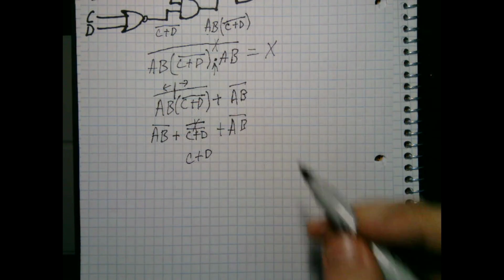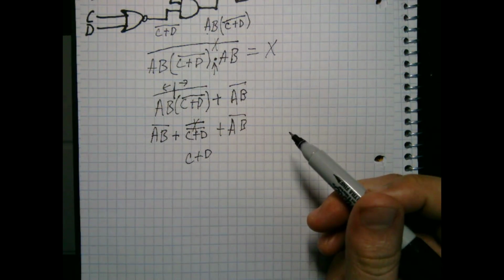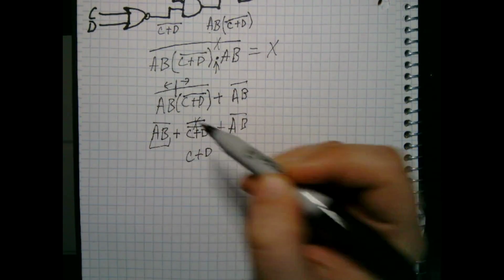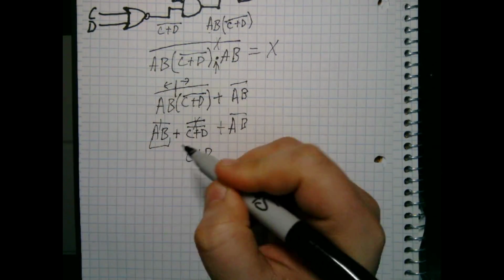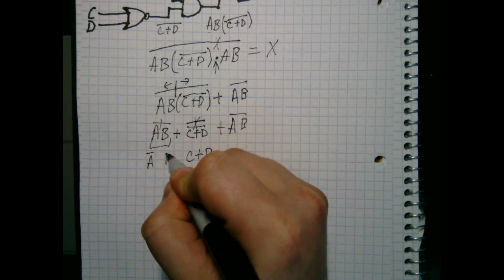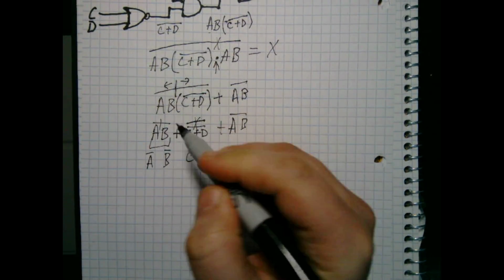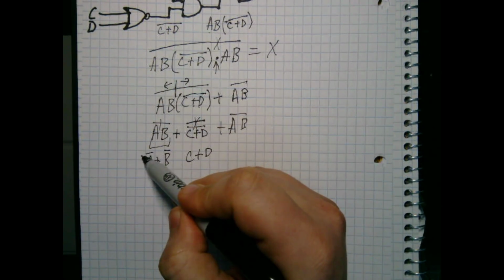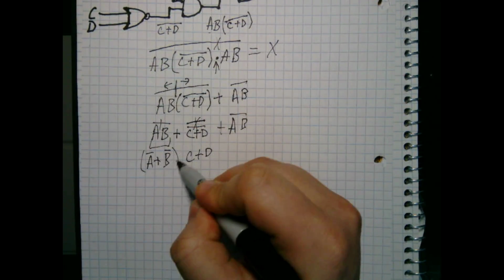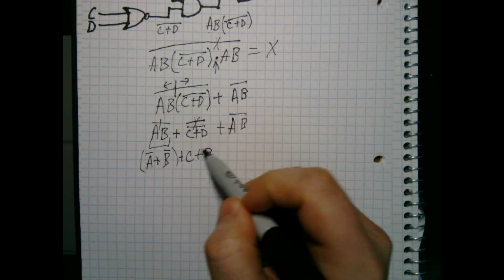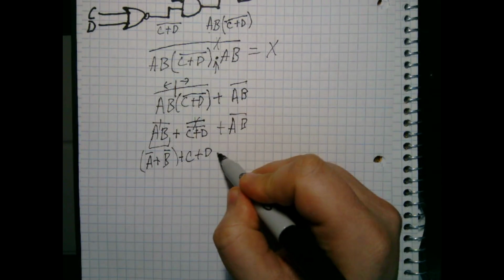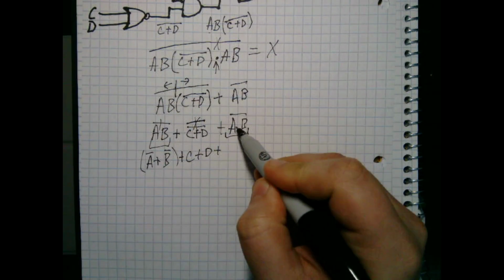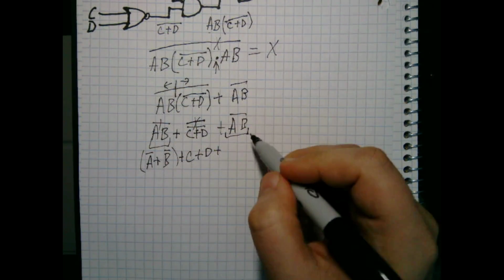What we can also do with the other two terms, while we're at it, is use DeMorgan's one more time. On this term here, we're going to split the bar. A is going to get its own bar, B is going to get its own bar, and they were ANDed together, so we want to flip it to an OR. And remember that whole quantity there was ORed with this quantity, C ORed with D, and this is going to be ORed with DeMorgan's applied to this set of variables here.